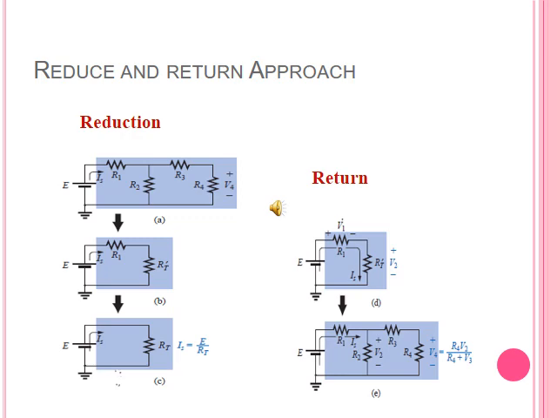So for achieving the target, we are going to return to the original shape of the circuit. When we are returning to the original shape, we are going to have R1, R2, R3 and R4 again. And again, as I total is presented, we are going to find the voltage V3.